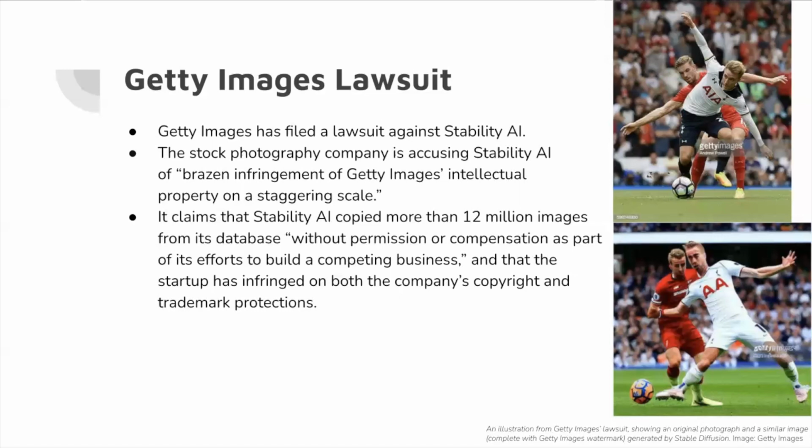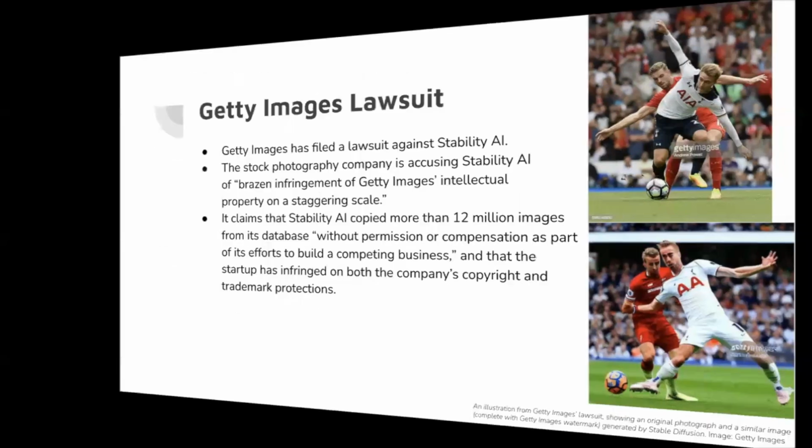It's pretty evident, and it's pretty scary that something simple, like just typing in soccer game between Liverpool and Tottenham, can prompt that from an AI art generator, which scans through the internet, chooses that, and morphs it into its own image. And there's 12 million images from its database that it's used without permission. This is just one of them, which is absolutely crazy.